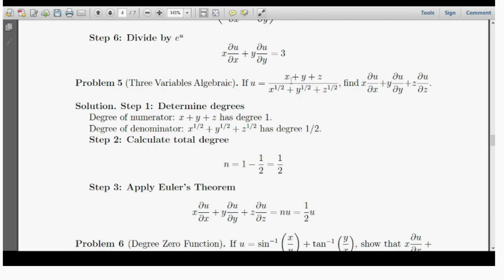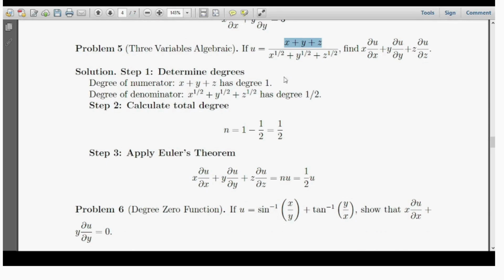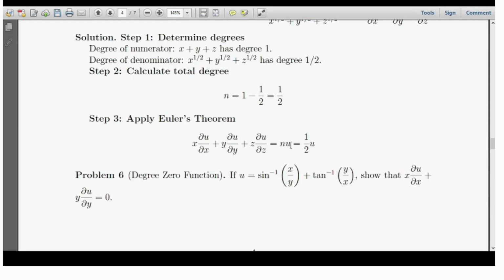How to find the degree? Degree of the numerator minus degree of the denominator. The numerator has degree 1, and the denominator has degree 1 by 2. So the total degree is 1 minus 1 by 2, which is 1 by 2. By Euler's theorem, x dou u by dou x plus y dou u by dou y, plus, since we have 3 variables, z dou u by dou z equal to nu. So n is 1 by 2.